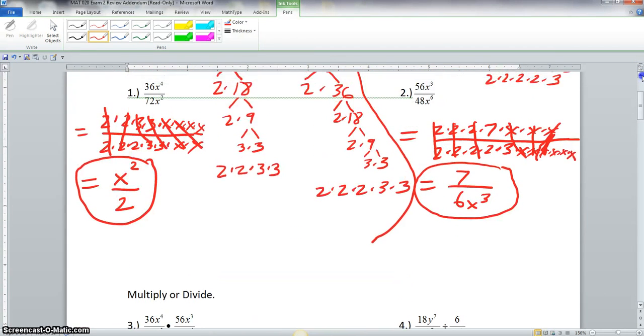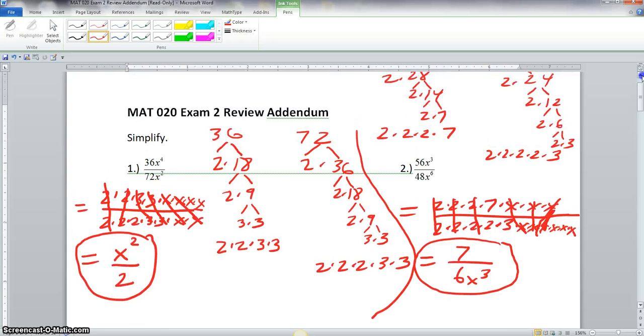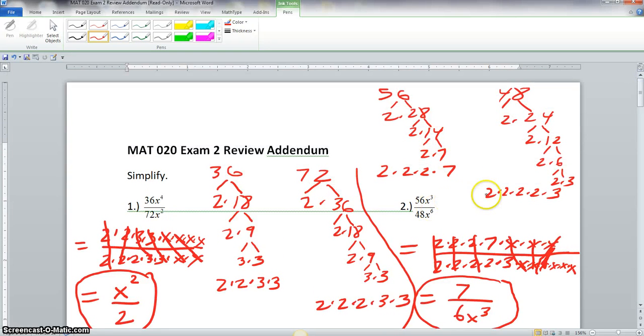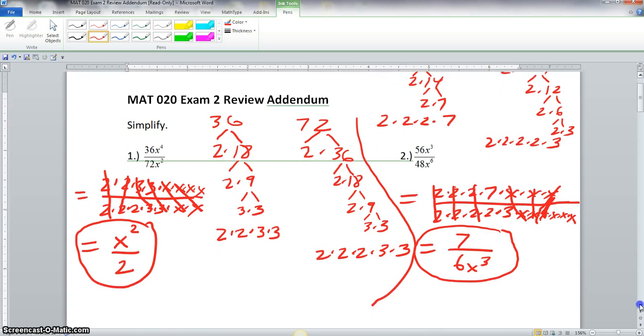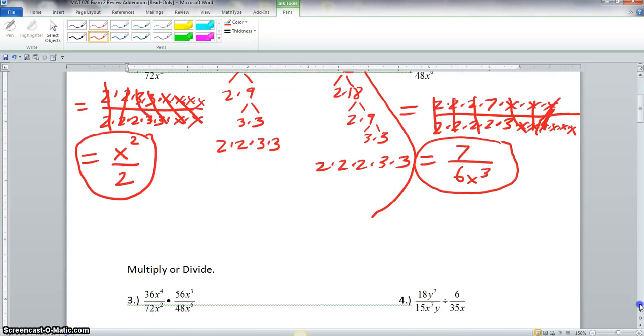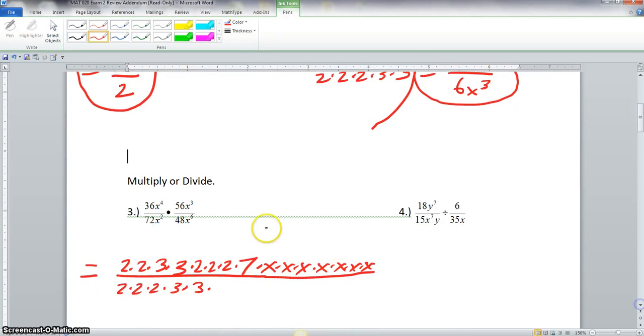Okay, with 48, if you notice here, we have 4 2's and 1 3. So we could write that down. So 48 gave us 4 2's and 1 3. So that took care of 72 and 48. Now we look at our x's. We have 2 x's here, 6 x's here. So that gives us a total of 8 x's.